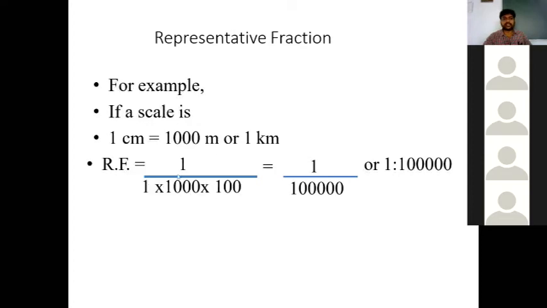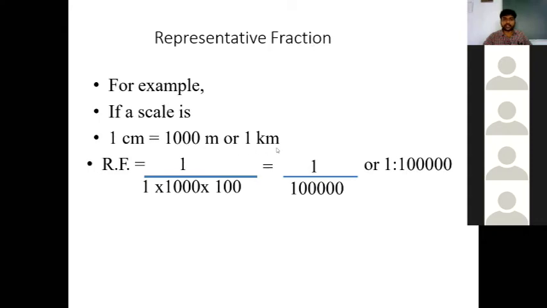Third example, once again, 1 centimeter is equal to 1000 meter, or 1 kilometer. They won't always give this in terms of meter.